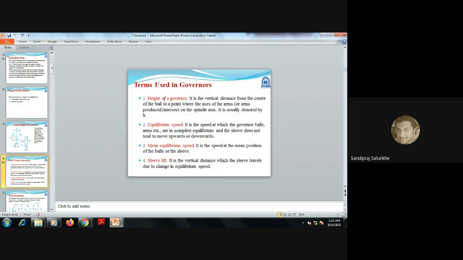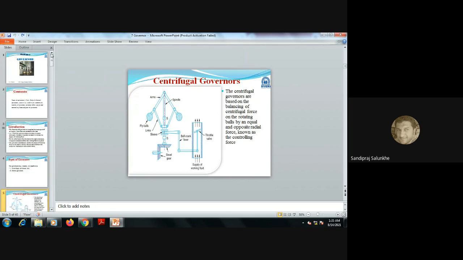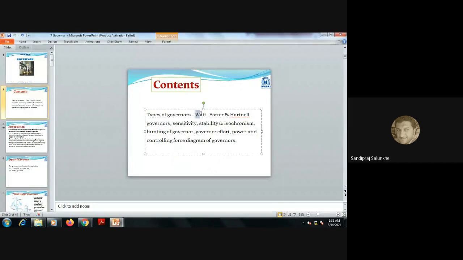Now these centrifugal governors also are again different types. Very oldest one is the Watt governor. Then it has been modified by Porter, that is called as Porter governor. It is again modified by Hartnell, so it is called as Hartnell governor.